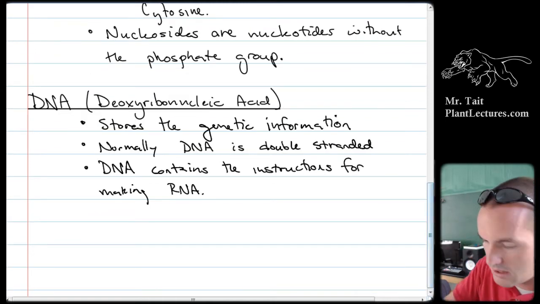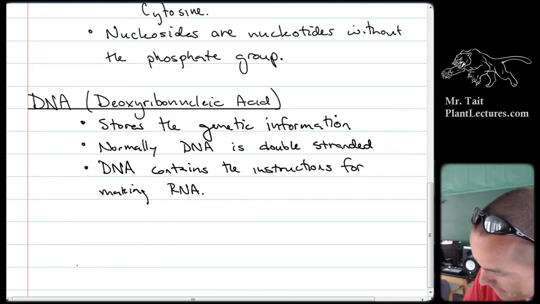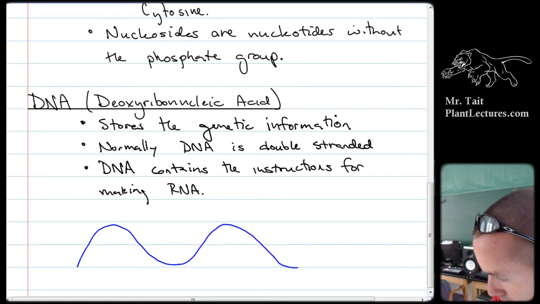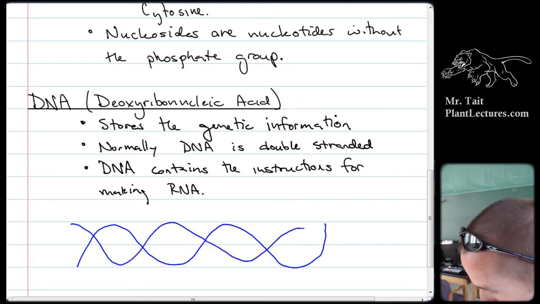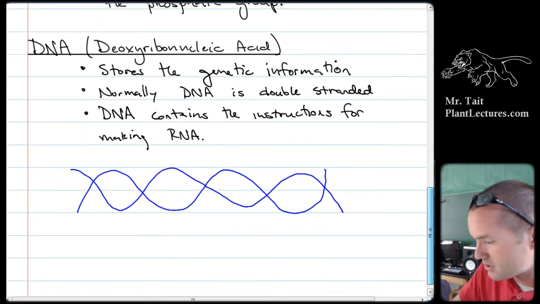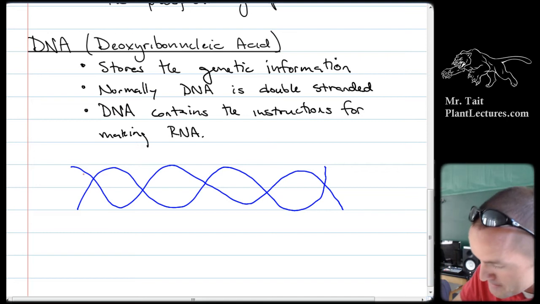All right, so let's look at the structure of DNA. First of all, I'm not an artist, so this isn't going to be perfect, but I'll do my best. All right. So this is the double helix, the DNA double helix. We're familiar with this thing.